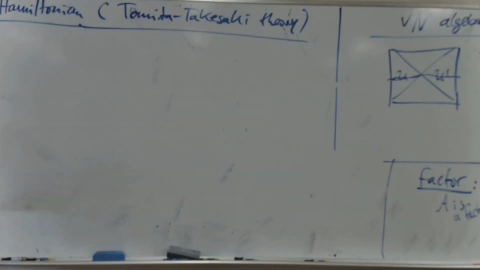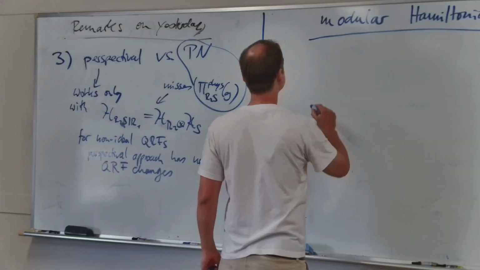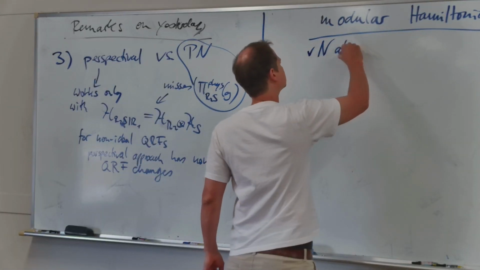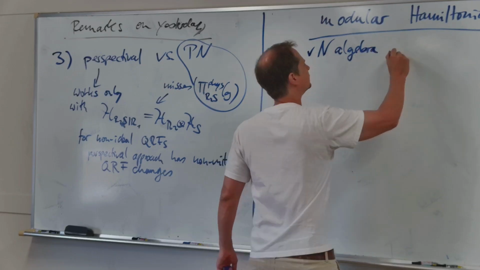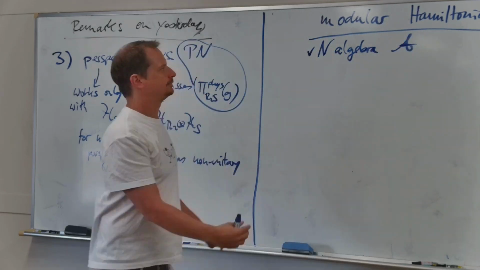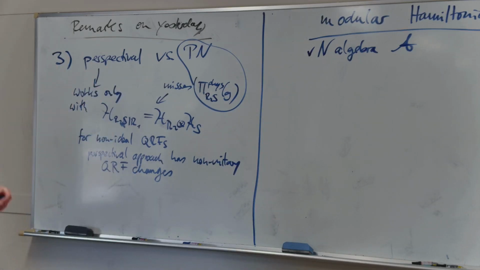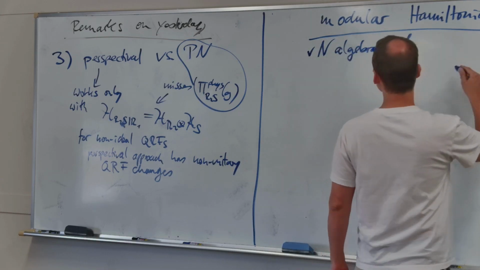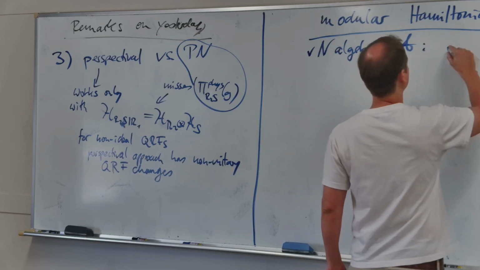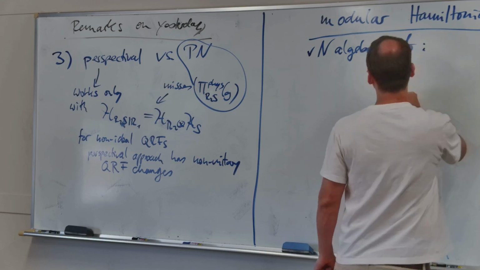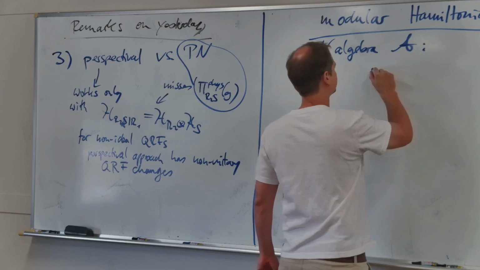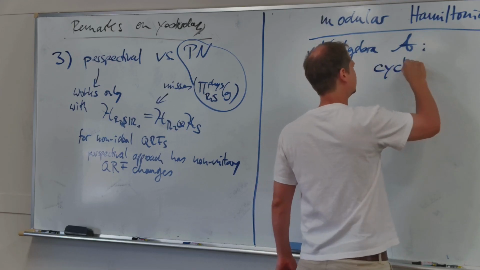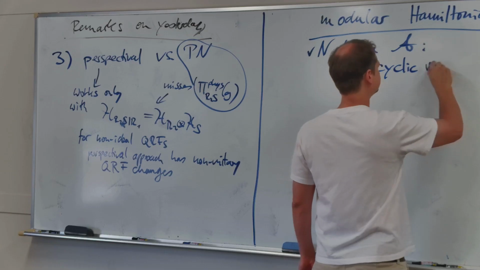So really, when we have a von Neumann algebra A, you can define a Hamiltonian, a modular Hamiltonian, that is associated with a cyclic and separating vector.